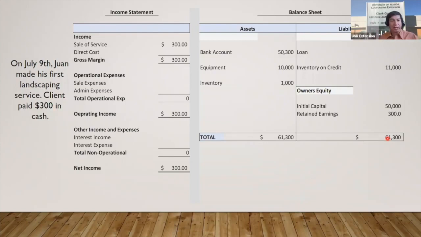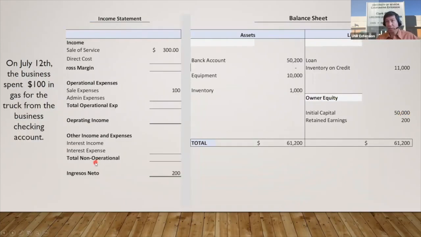That's how the balance is kept. Hopefully we don't have any questions. So, 300 in the bank account, profit of 300, therefore it is retained earnings, therefore the balance is kept.